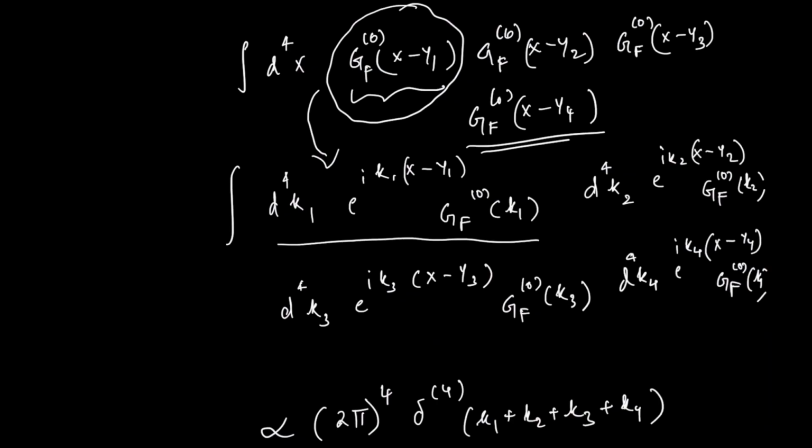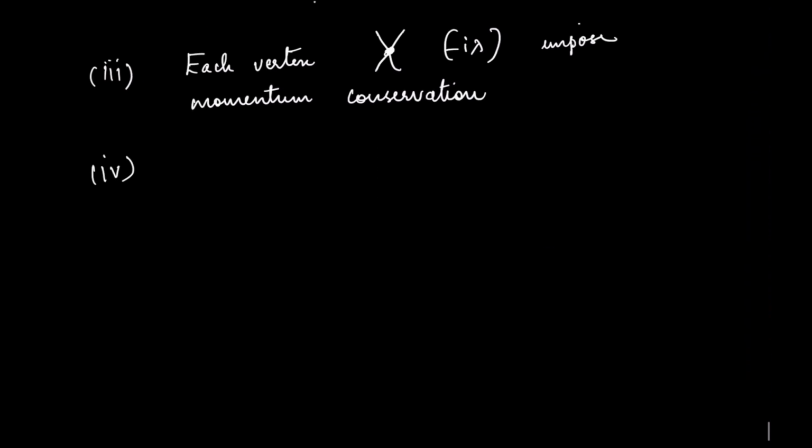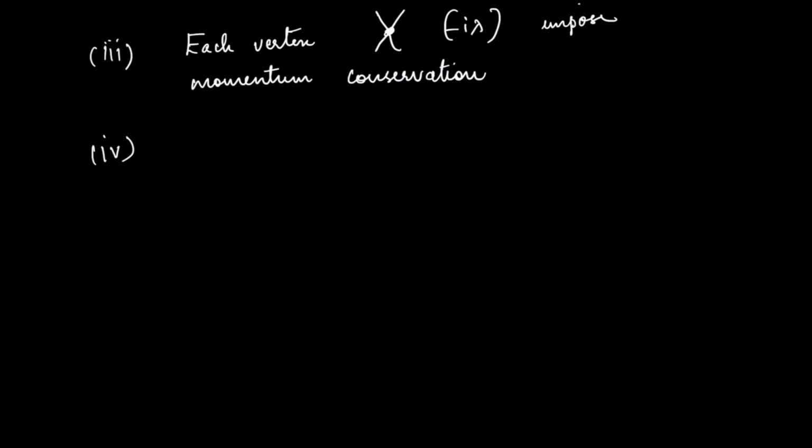Similarly, the second propagator also has a momentum integration, and some of them can be cancelled while imposing momentum conservation, and the leftover ones have to be integrated over each undetermined momentum. Okay, so the fourth step is that you always integrate the leftover undetermined momentum. So I write d⁴p_i / (2π)⁴.